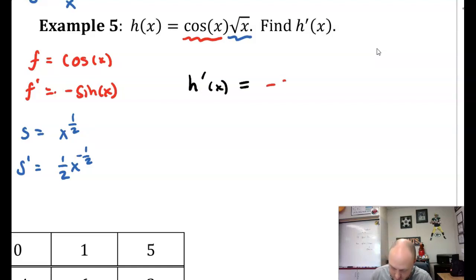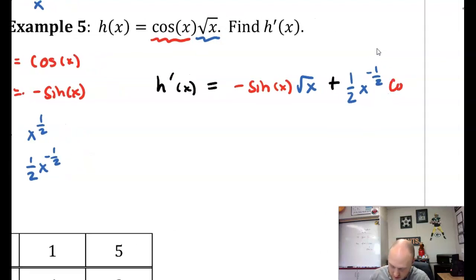Derivative of the first, so negative sine of x times the second, square root of x, plus the derivative of the second, which is 1/2 x to the power of negative 1/2, times the first, which is cosine of x.